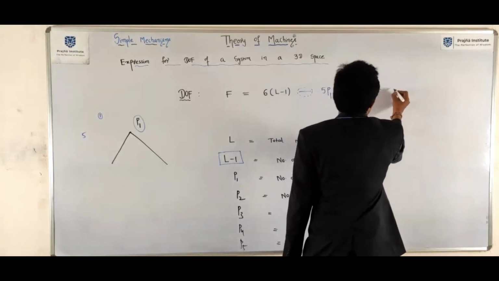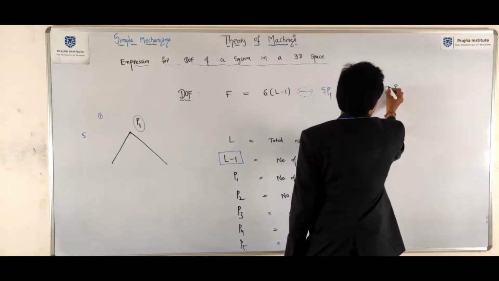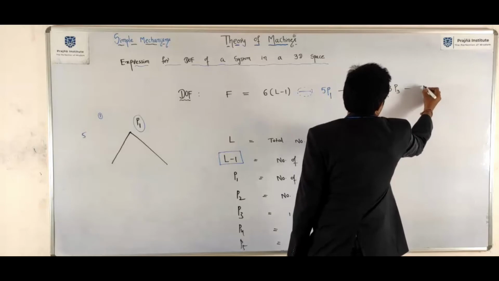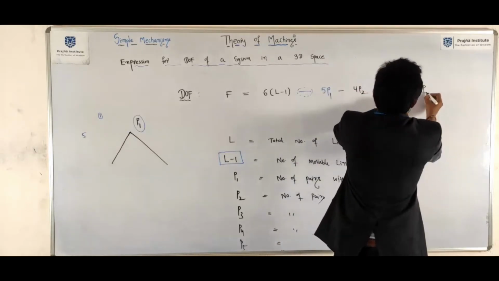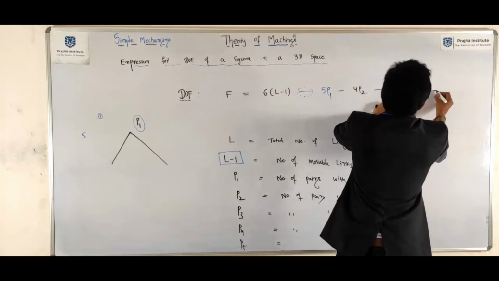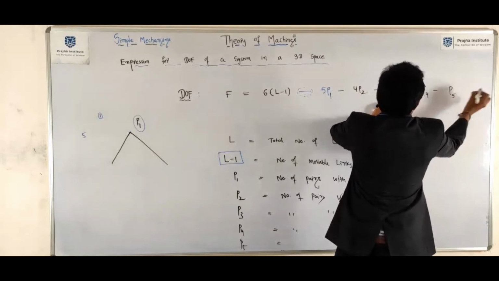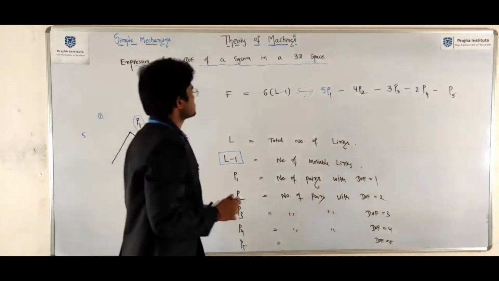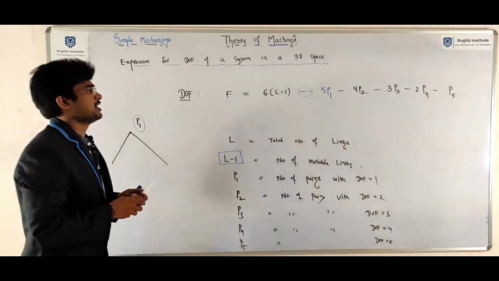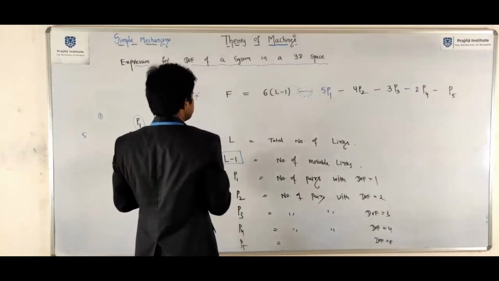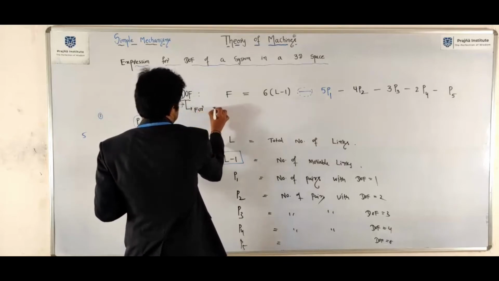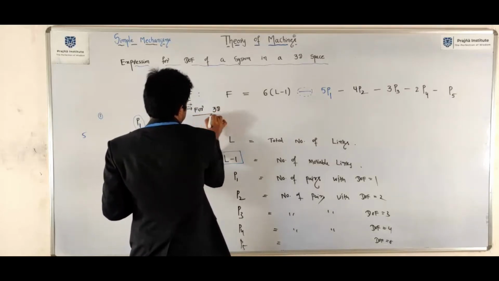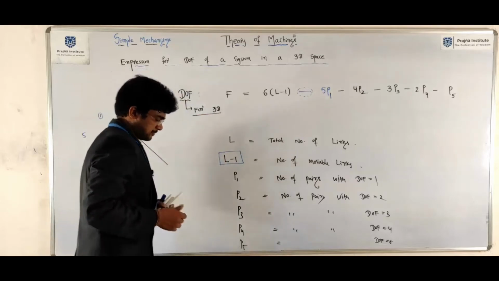So minus 3P3 for P3, and similarly for P1, 2, 3, 4, P5. This is called the degree of freedom of a system in 3D space. This is the formula for 3D.